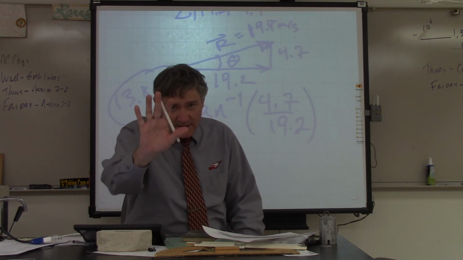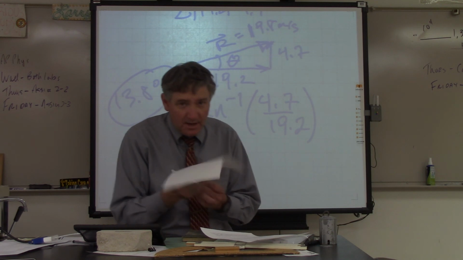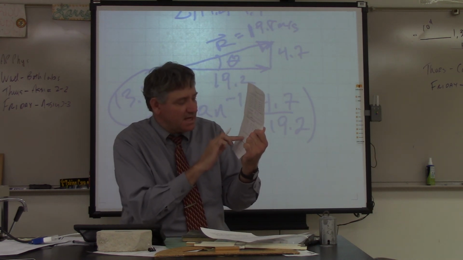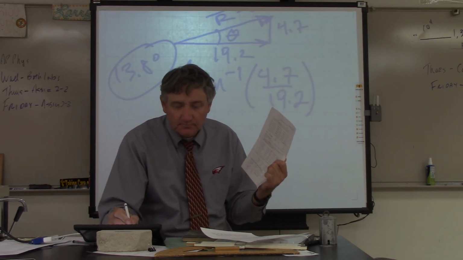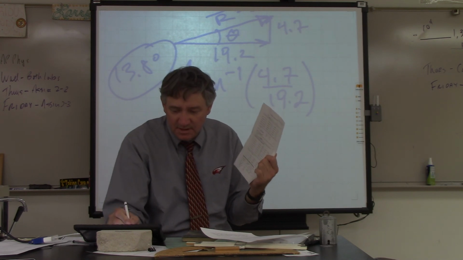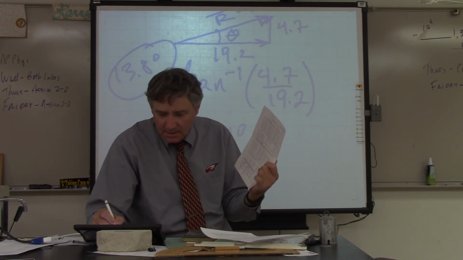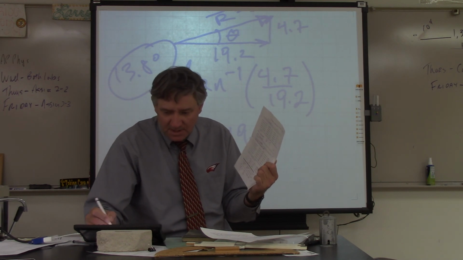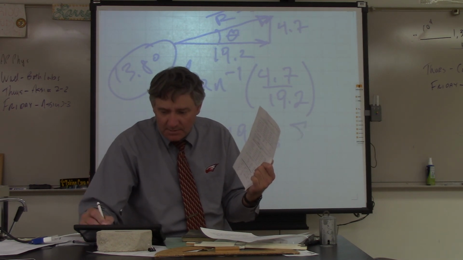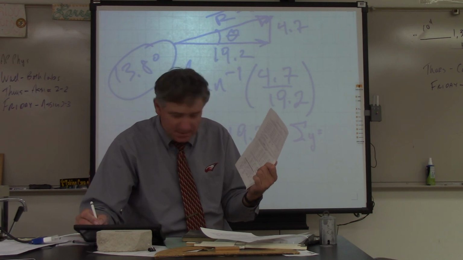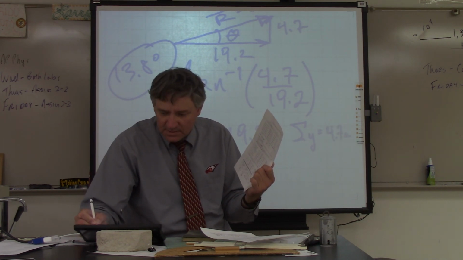So here's your answer down here where it says A plus D. I want to make sure everybody's cool with this. The sum of your x components is 19.2 meters per second. The sum of your y components is 4.7 meters per second.